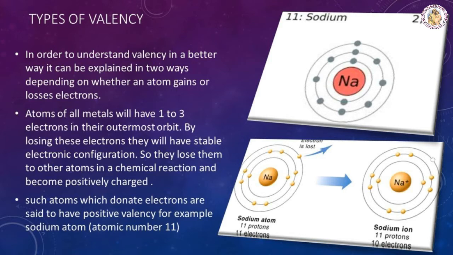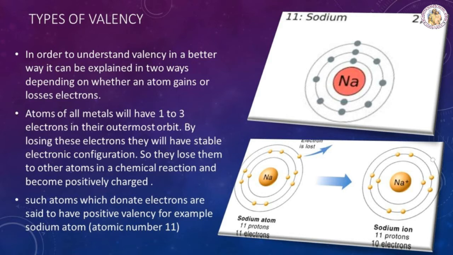Atoms of all metals will have 1, 2, or 3 electrons in their outermost orbit. By losing these electrons, they will have a stable electronic configuration, that is 2 or 8. So they lose them to other atoms in a chemical reaction and become positively charged. Such atoms which donate electrons are said to have positive valency.